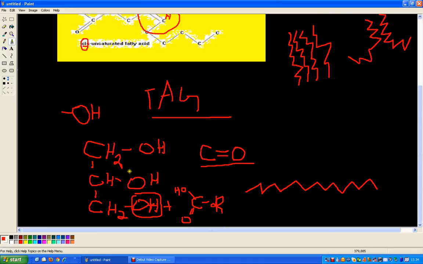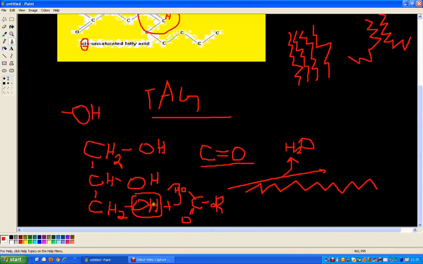So what happens is that one molecule of water is going to go out. So this OH right over here plus this hydrogen right over here is going to go out as a molecule of water. So let me write this arrow. This is to indicate one molecule of water is going out.